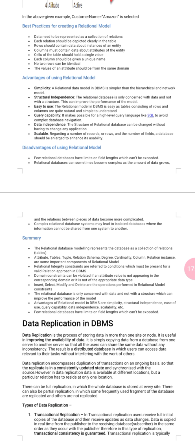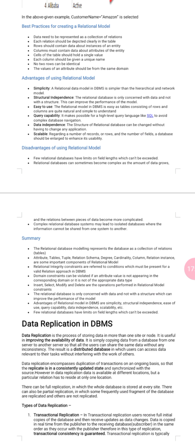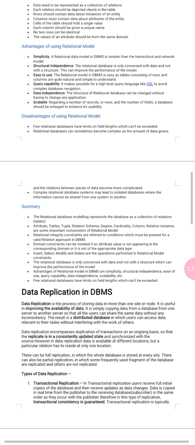Third is rows should contain data about instances of the entity. Fourth is columns must contain data about attributes of the entity. Next is the cell of the table should hold a single value. Each column should be given a unique name. Clear?